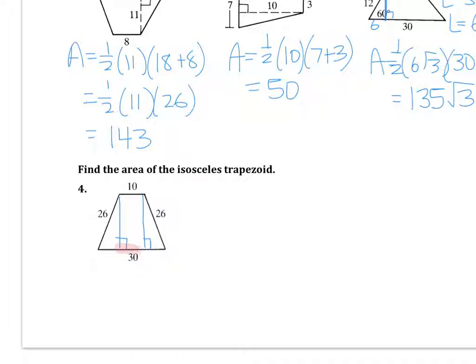This little piece right here that I highlight would actually be 10. Each of these pieces would be the same. So 10 plus 2x equals 30. So each of those pieces would be 10.